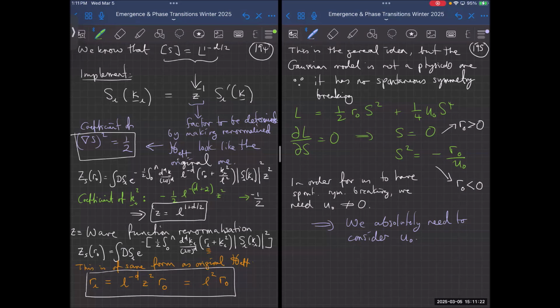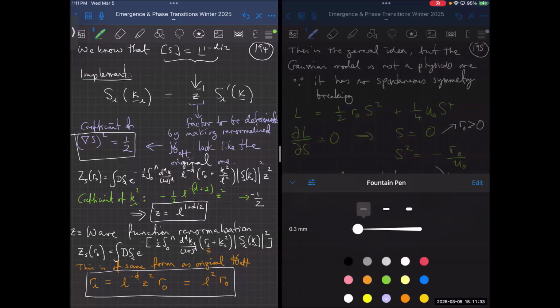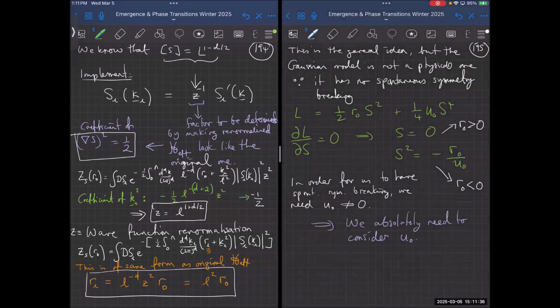So the trick is that we're going to do perturbation theory, but we're going to do perturbation theory in 4 minus d dimensions. So we're going to do perturbation theory, and then what we're going to do is we're going to do that perturbation theory in non-integer dimensions.